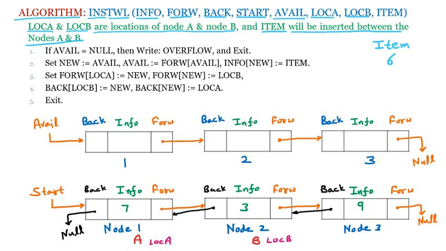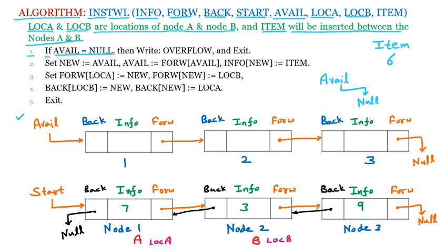Now going with the algorithm: if avail is equal to null. Let us assume that we have the avail list, the available list, and it is having successfully 3 nodes: 1, 2 and 3. But assuming that the avail list is directly pointing to null, what does that mean? The meaning is that there is no node available for insertion.